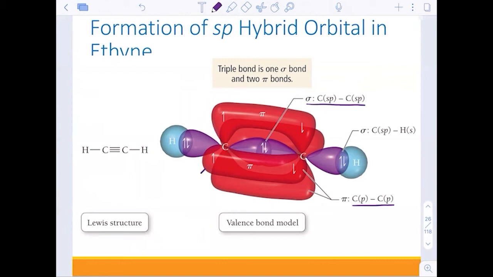They're 90 degrees because one is a py and one is a pz. And notice also when we're identifying those bonds that are formed by the overlap, this is unhybridized always for a pi. Excellent.